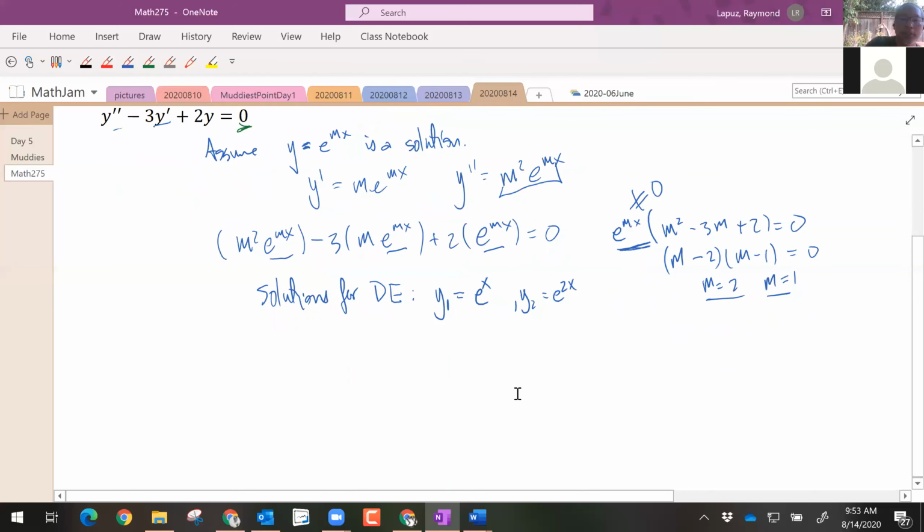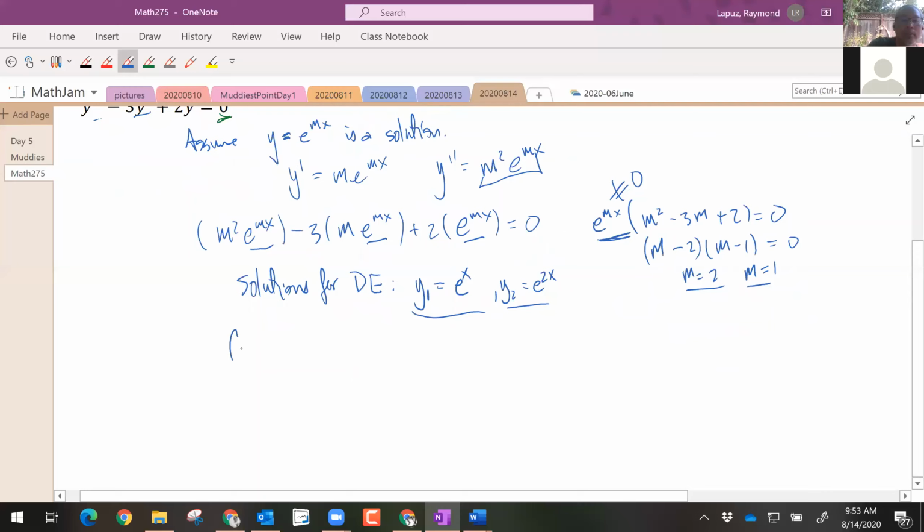So my general solution is going to be y equals a constant times the first solution plus a different constant times the second solution.